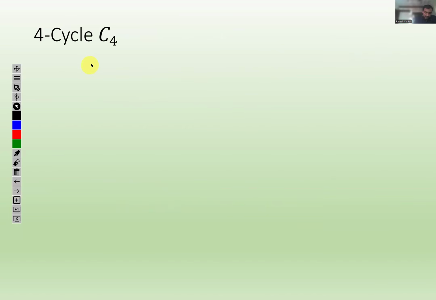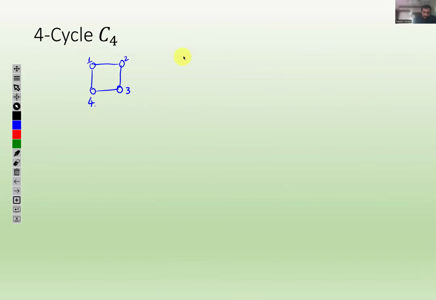So here's a four cycle. Let me label the vertices 1, 2, 3, 4. Now, can you give me a non-trivial orthonormal representation for C4? Can anyone suggest? So what do you want?